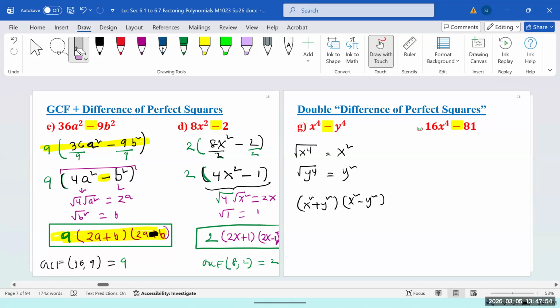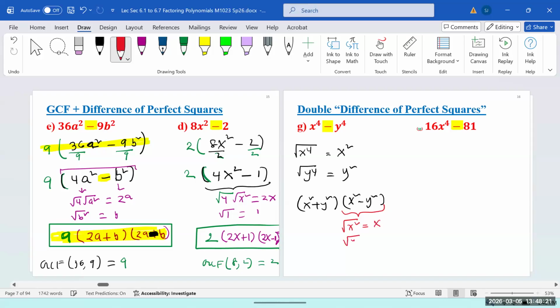But what do you see here? Difference of perfect squares. So can you factor this more? Anytime you see a difference of perfect squares, you can always factor it. In this difference of perfect squares, the square root of the first term, x squared, is x.